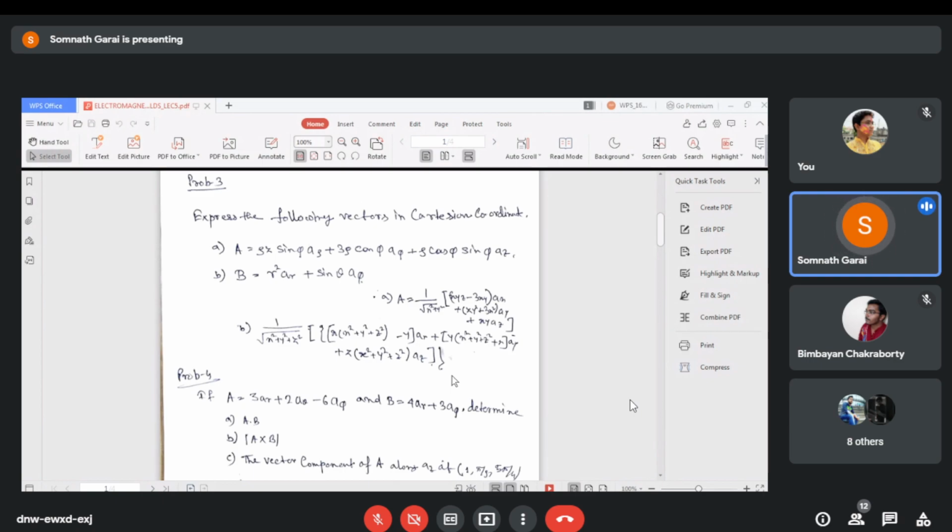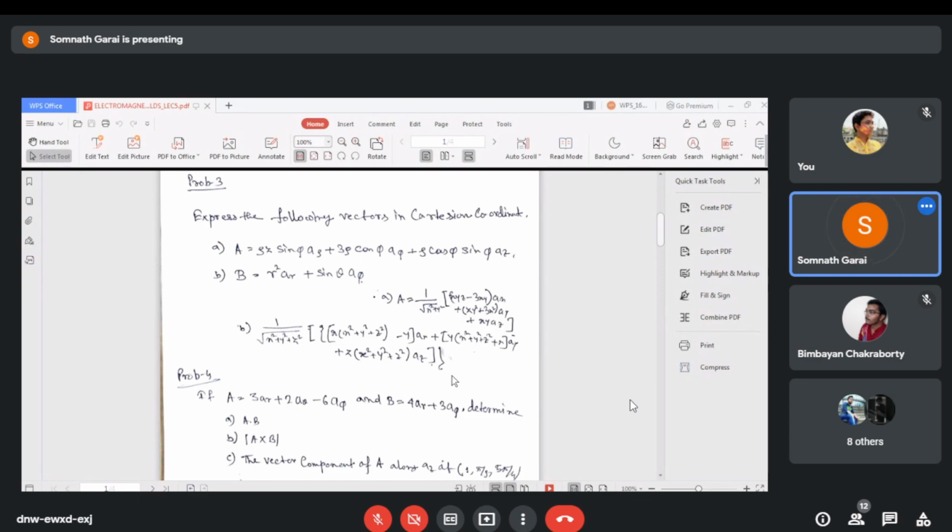AY is equal to minus sin phi A rho plus cos phi A phi plus 0, and AZ is equal to 0 plus 0 plus AZ.